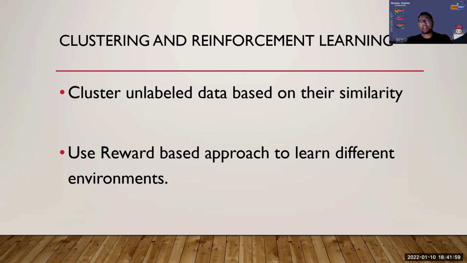What a clustering algorithm does is, we'll take the previous example. We give a clustering algorithm all the images of male and female students, and we try to run the clustering algorithm.